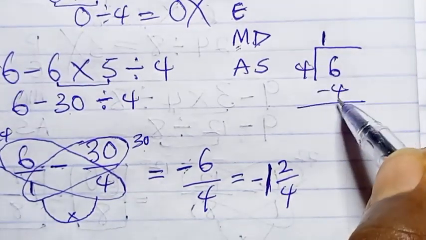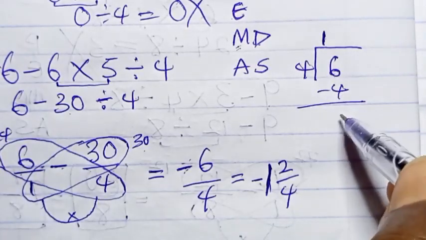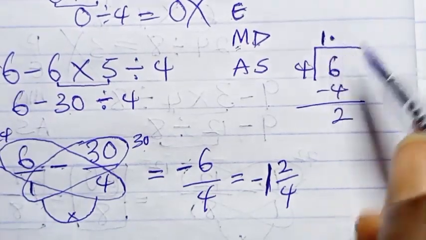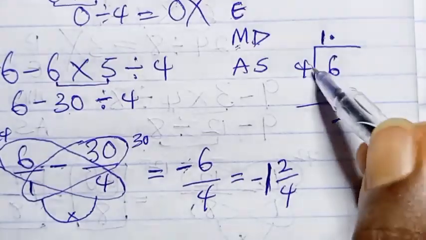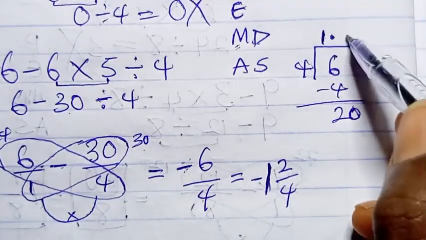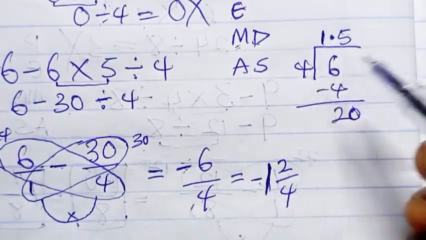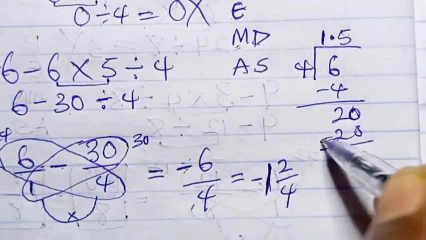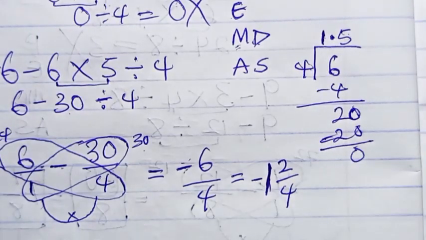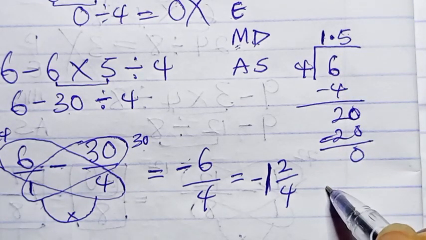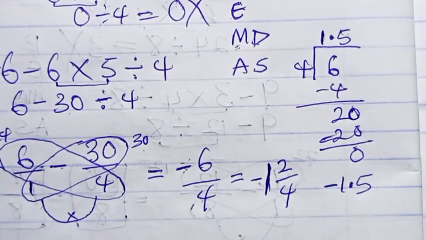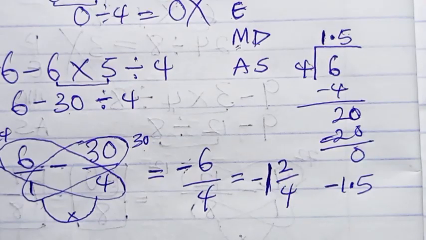When we subtract, 6 minus 4 will give us 2. 4 cannot divide 2, so put our point here and add 0. 20 divided by 4 is going to give us 5. 5 times 4 is 20. When we subtract, we are going to have 0. So we have 1.5 as our decimal answer. We can add the negative sign, which is minus 1.5.